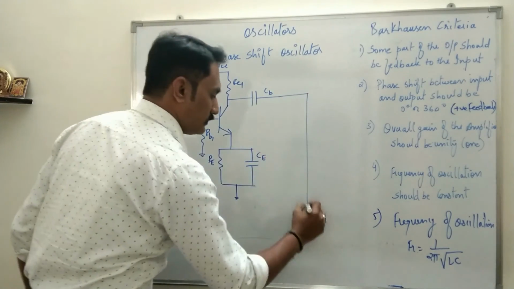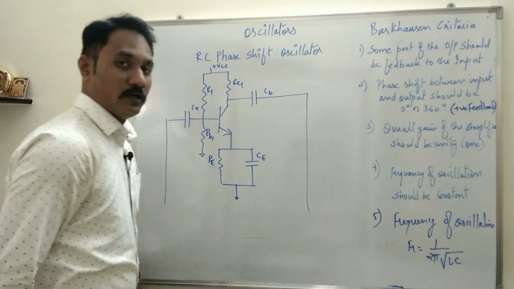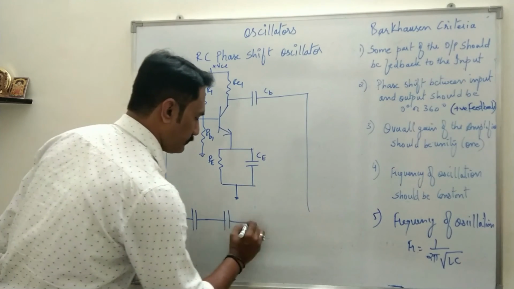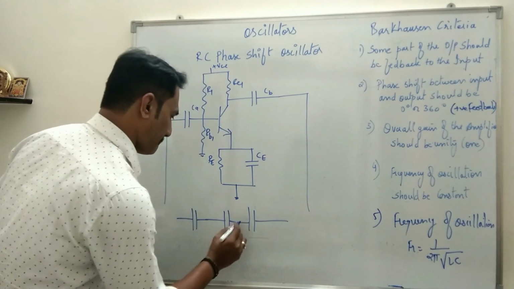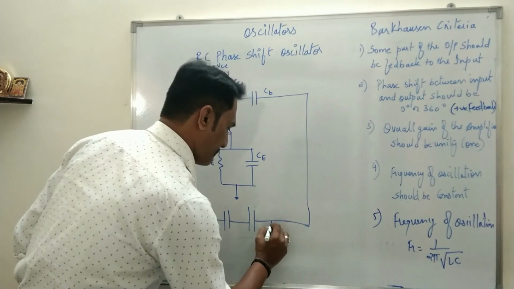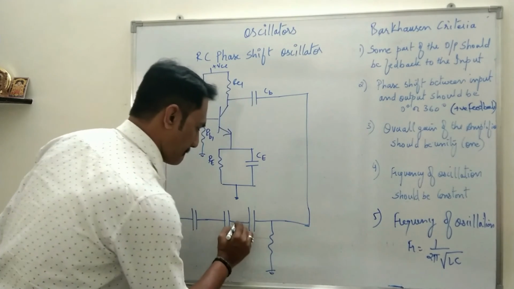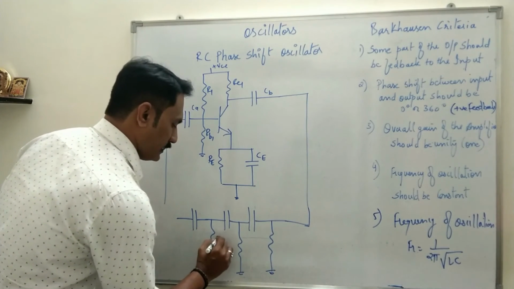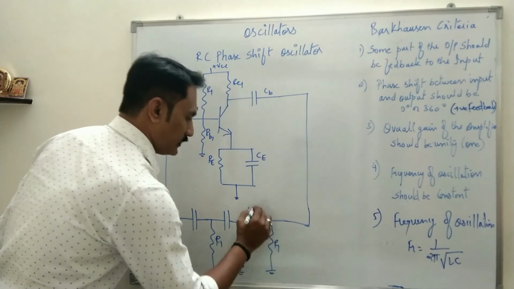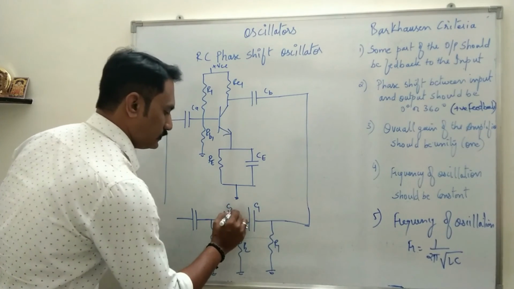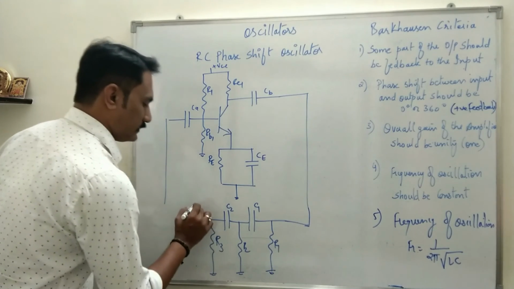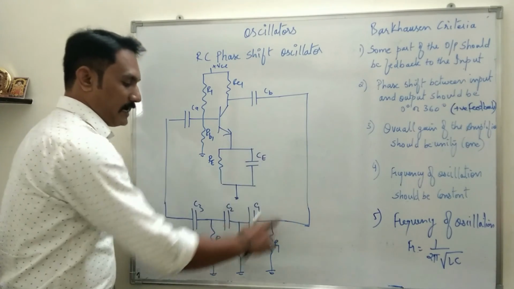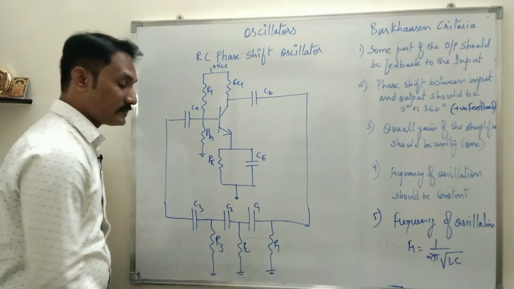The output is fed back to the input through a feedback factor: R1, C1, R2, C2, R3, C3. So in the feedback section we have introduced 3 sections of RC.